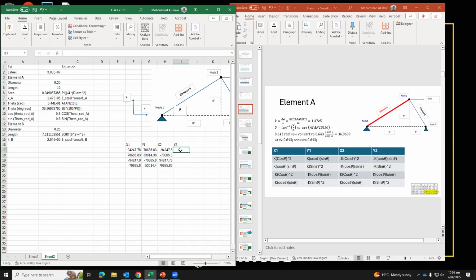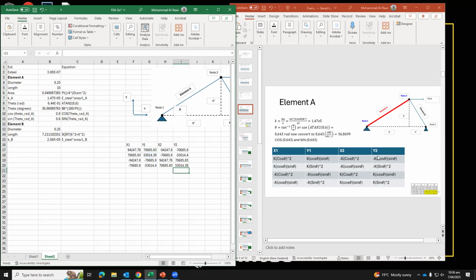And then go to y2 equals k cosine theta sine theta times minus 1 equals minus k sine theta. So that one times minus 1. So I'm just following the equations: equals k cosine sine theta, which is this one, equals k sine theta squared, which is this one but in the positive, so equals that one.